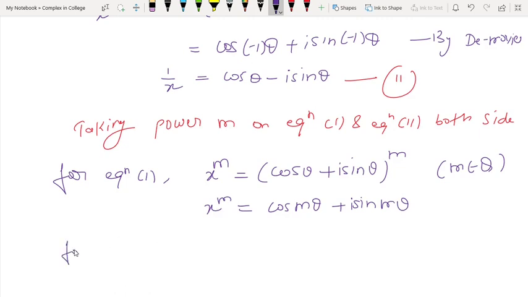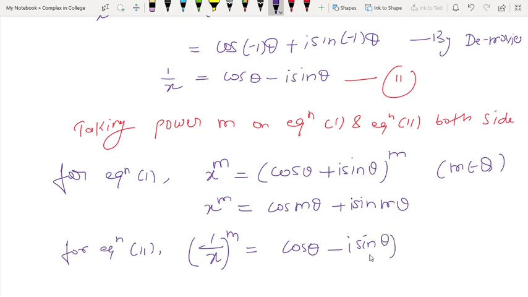Now for equation 2, if I go for taking power m on both sides, this will be 1 upon x whole raised to m equal to cos theta minus i sin theta raised to m. Clear?